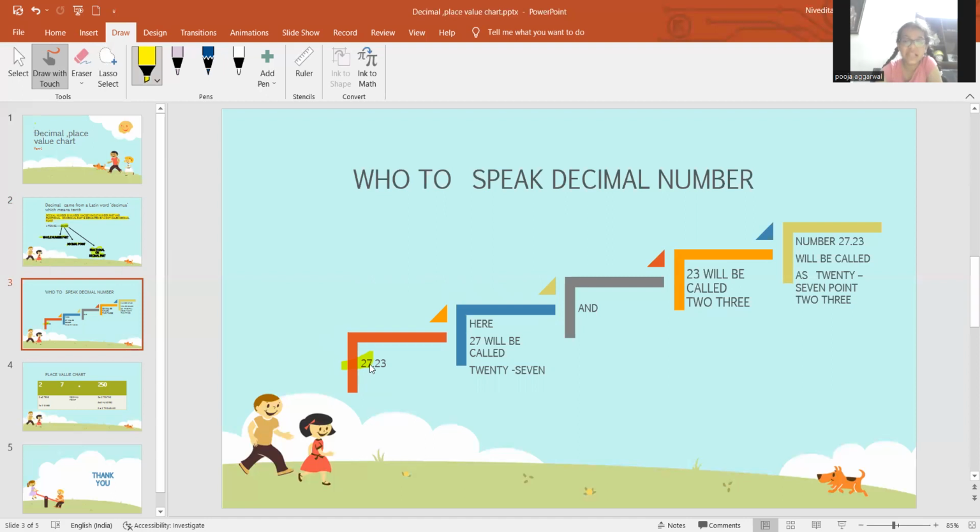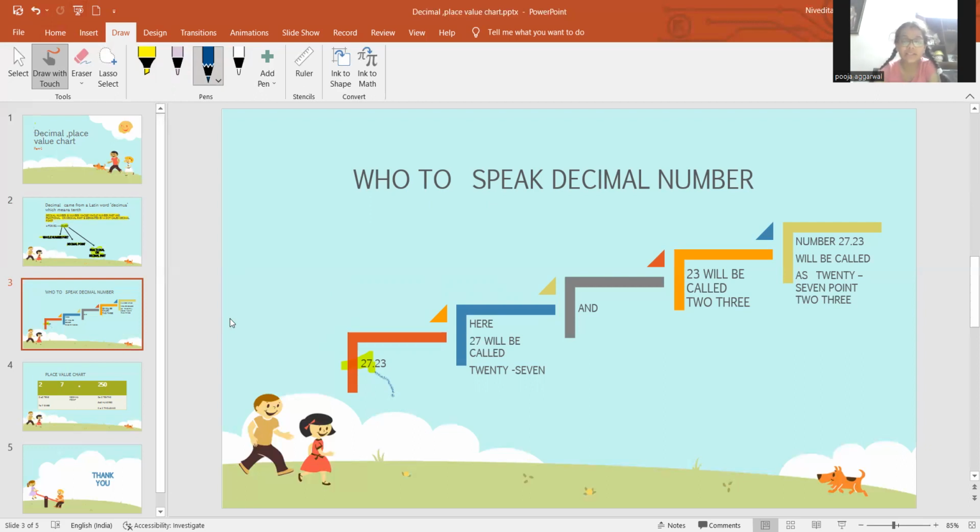Then we will say the dot. This little dot is called the decimal point.